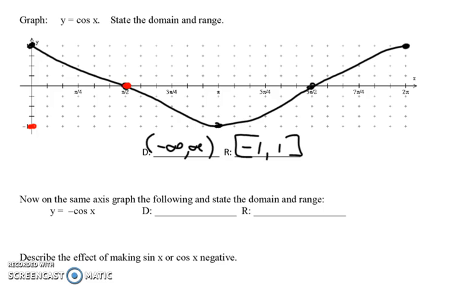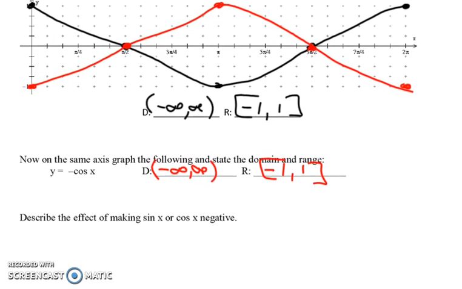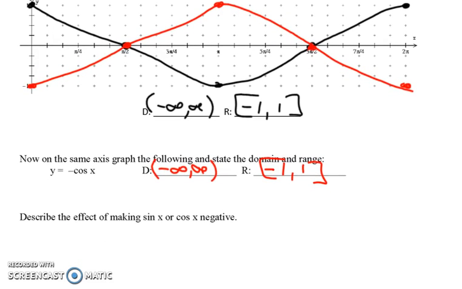Now, instead of being at (pi, negative 1), we have (pi, 1). That point doesn't change, and at 2 pi, again we're at negative 1. So instead of opening up, our graph now opens down. The domain is not changing, and the range is also not changing. It's not impacted by the direction change. So, similar to sine, the direction change does not impact the domain or the range.